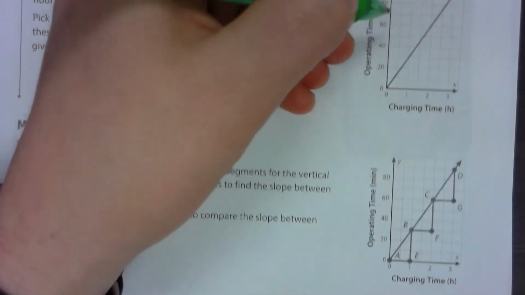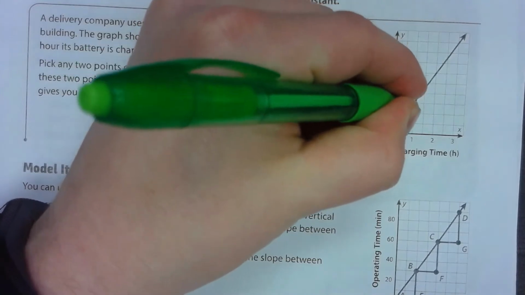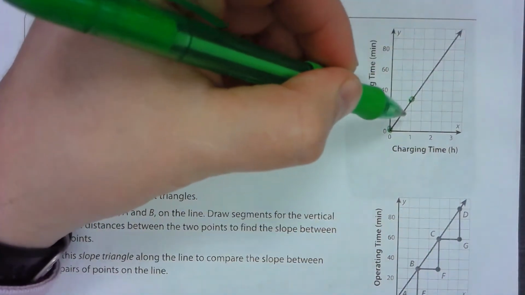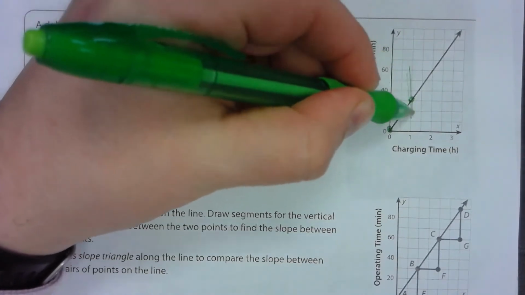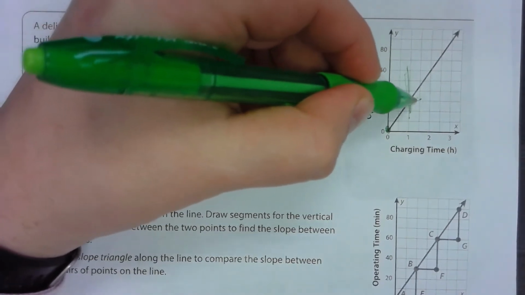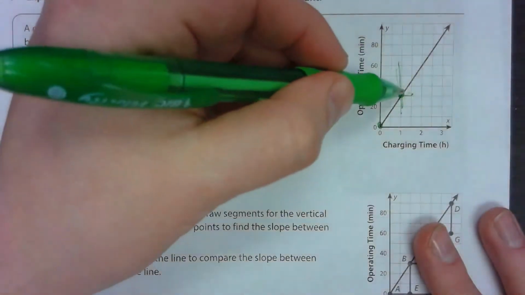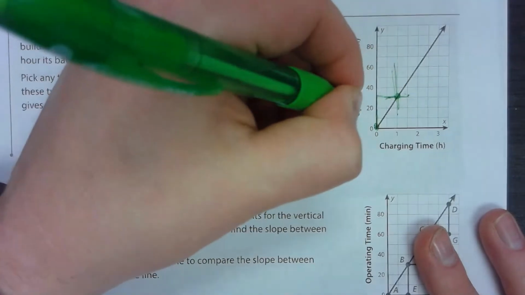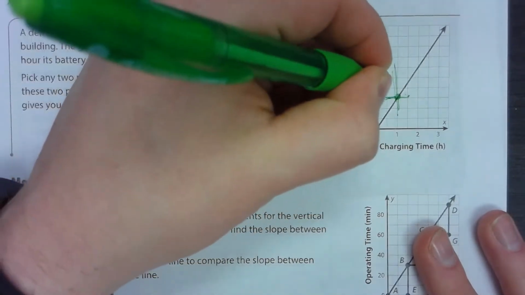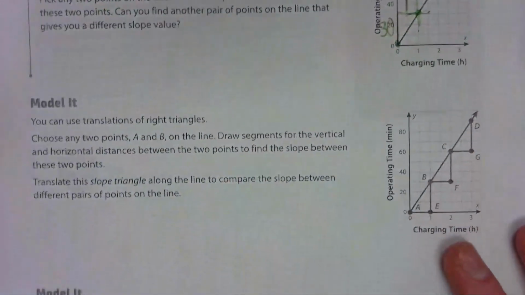So what did we do? We said, well, I'm going to pick this point and this point. Notice that these points that I picked perfectly hit the grid lines. Both the y and the x, they perfectly hit. Those are the kind of points we want to pick because we know exactly what their value is. And we said that this went up 30 and it went over 1. 30 divided by 1.